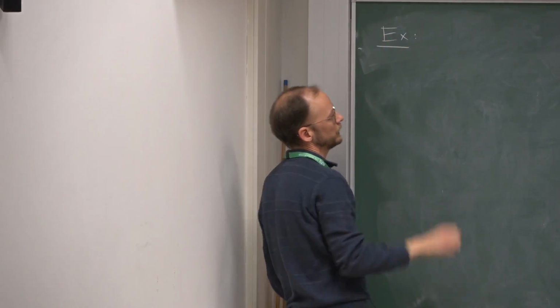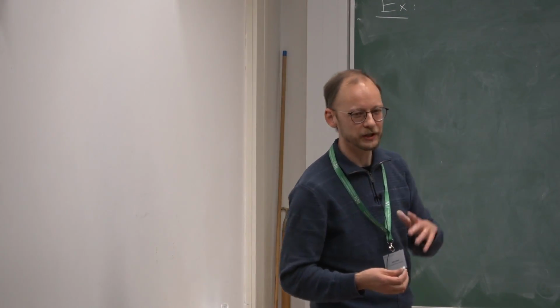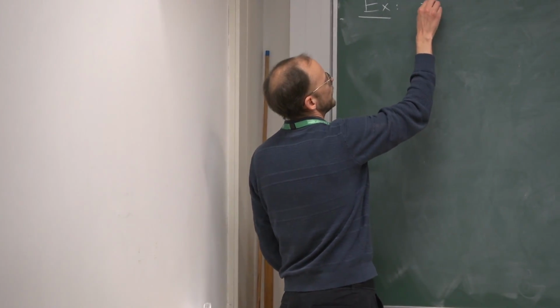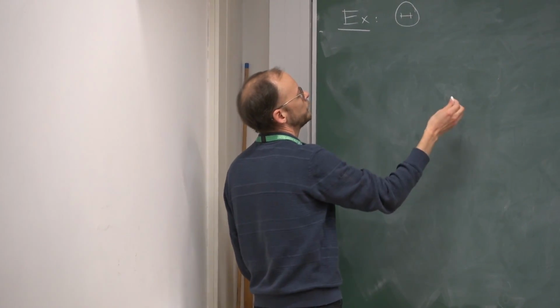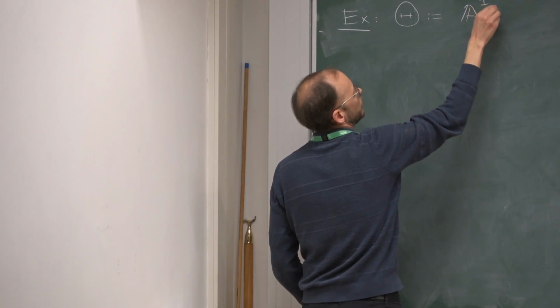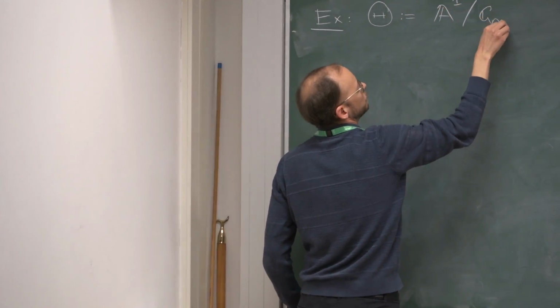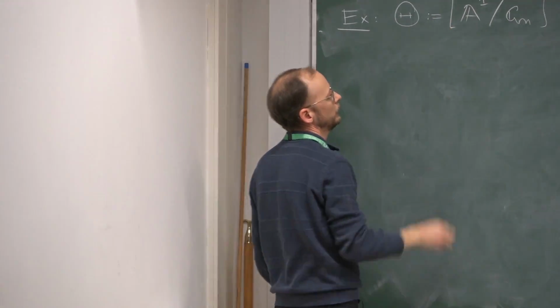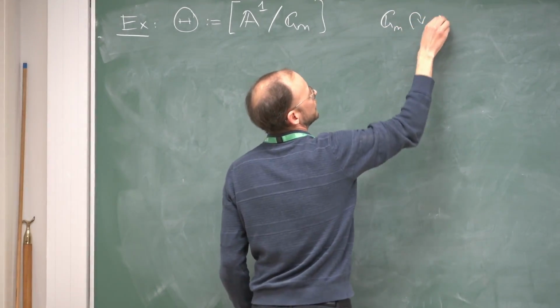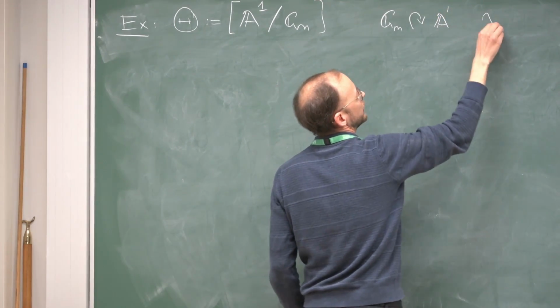So let's do one more example, which is going to be important. This is the simplest stack which does not have finite stabilizers. BG is interesting, but this is the second interesting one. And this is the stack which is nowadays usually called theta. So this is A^1 mod Gm, where Gm acts by weight 1, just by scaling.